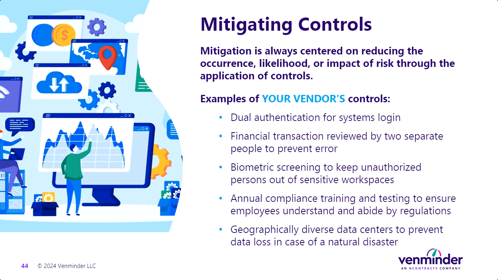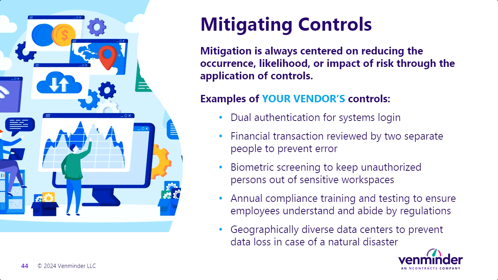So some examples of your vendor's controls might be dual authentication for system login, multi-factor authentication, financial transactions reviewed by maybe two separate people to avoid or prevent error, maybe some biometric screening to keep unauthorized persons out of sensitive workspaces.